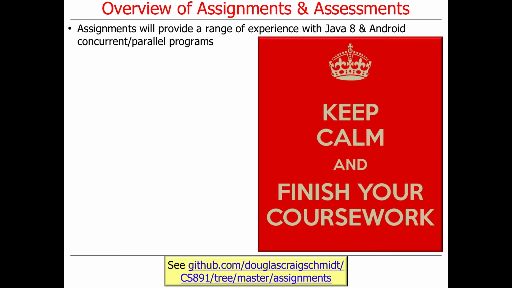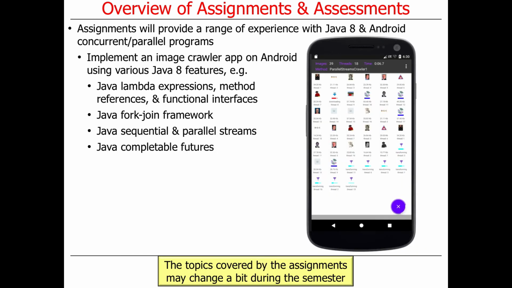The assignments are going to focus on a bunch of different ways of doing parallel programming in Java. And basically, this is a really, really cool assignment. We're going to have this user interface that allows you to download a bunch of images from a website.